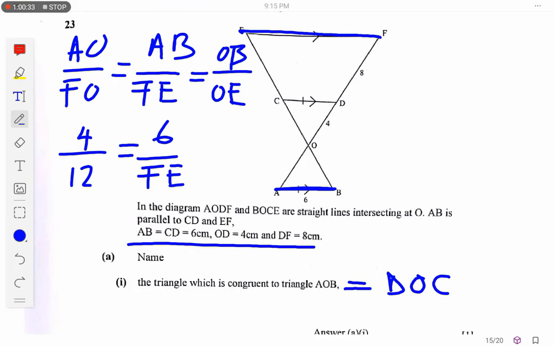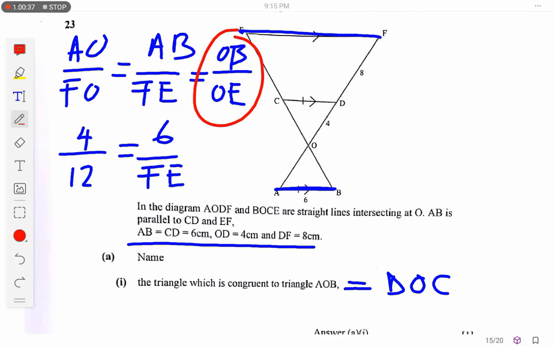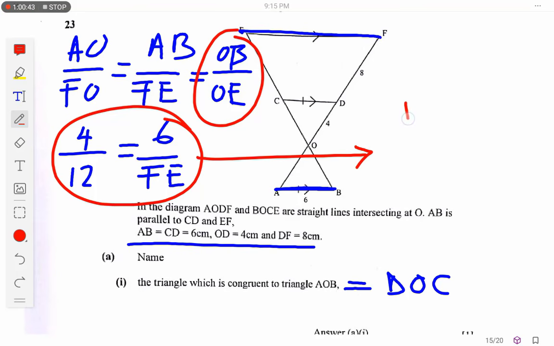We don't know the value of FE. So in this regard, I can ignore the last part here, which I was equating, because already on these two, I have one unknown, and I can solve this and get my FE is equal to 6 times 12 over 4. I have multiplied both sides by 12 over 4 here.